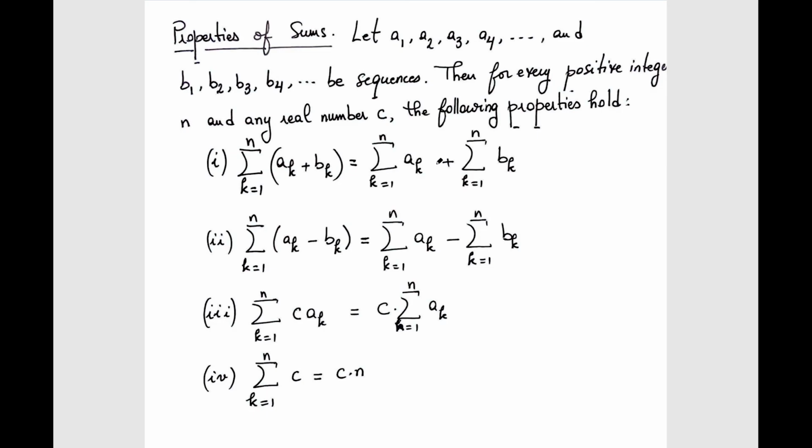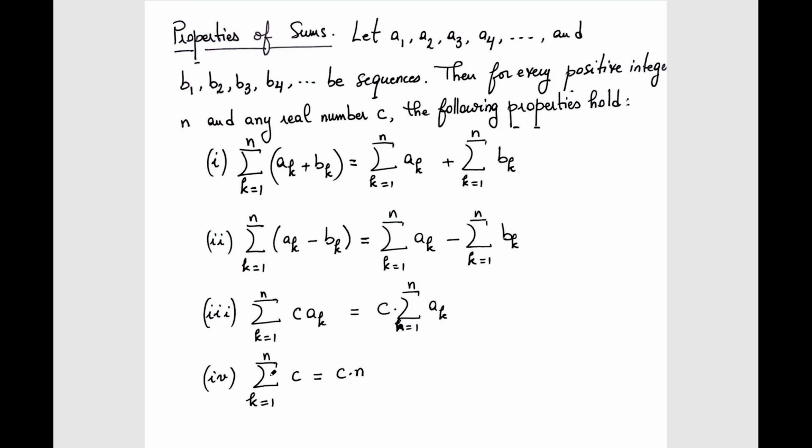Okay? You can play a similar game for differences, and if you have a constant c, you can push it outside as long as this constant doesn't depend on k. It doesn't depend on k means you don't see the index k in it, right? It's a pure constant. You can push it outside that sigma.